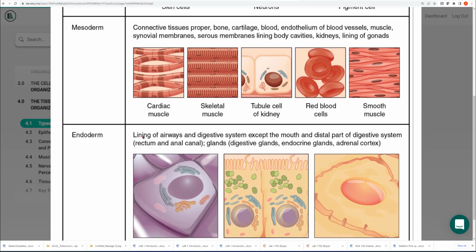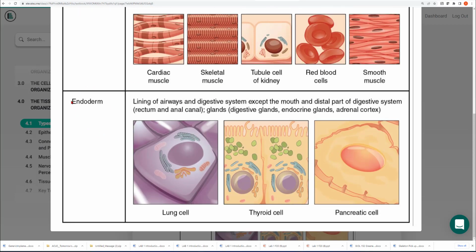And then finally, the endoderm, the inside layer. And to me, this makes sense. The inside layer forms all of the inside tube things in your body. So the endoderm goes on to form the lining of the airways of your respiratory system, down your trachea and down into your lungs.